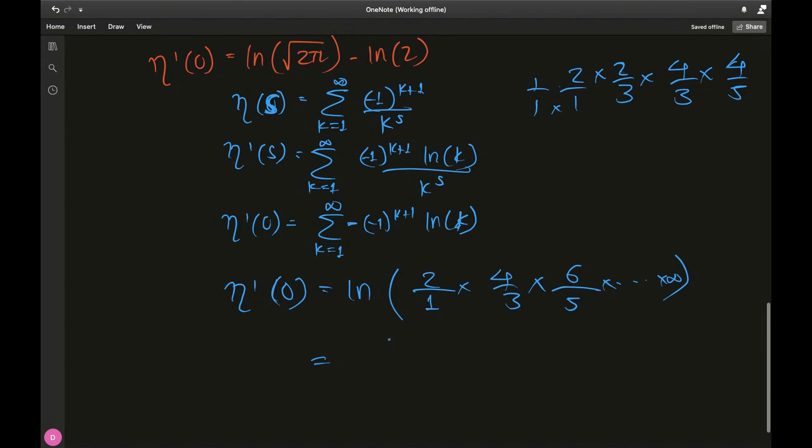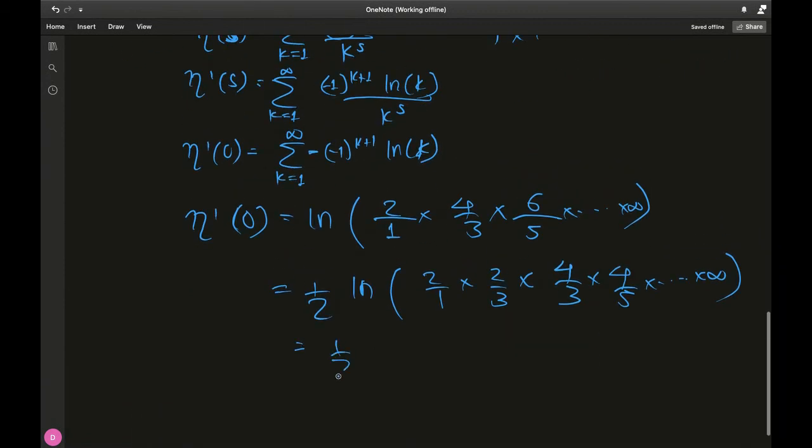So that's like saying multiply and divide by 2. We divide by 2 over here, we have a half. Natural log of the other two we multiplied goes inside and squares this entire thing. So this will actually give us the Wallis product, 2 over 1 times 2 over 3 times 4 over 3 times 4 over 5 till infinity.